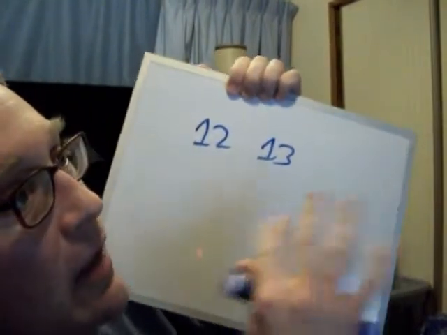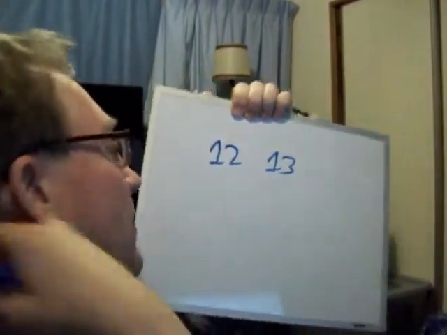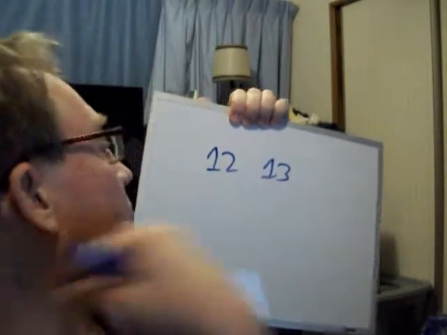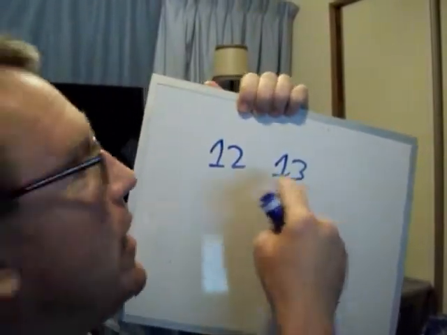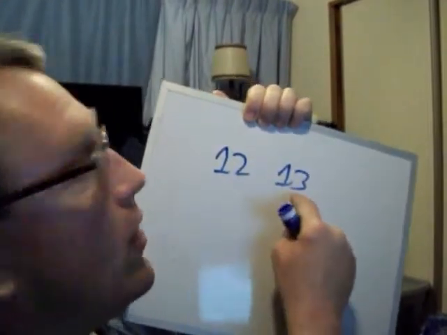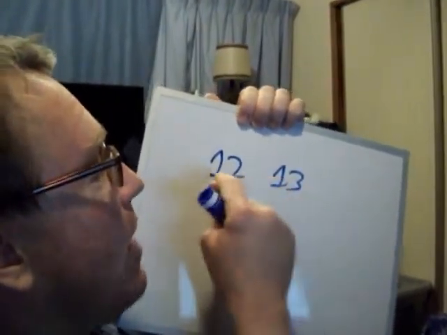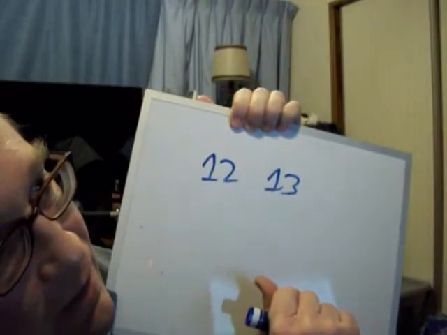Okay? And that's where we get this relatively prime. Obviously, they're not both prime, but they are prime to each other because the number 1 can divide 12 and the number 1 can divide 13, but no other number can divide both 12 and 13. Getting it? And that's how you can remember that.